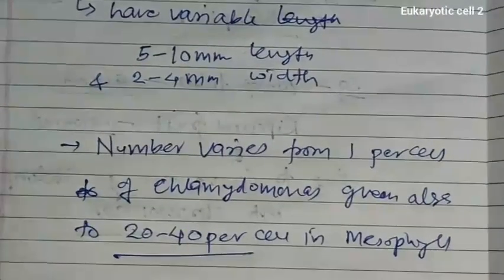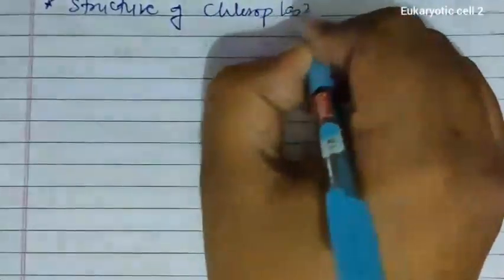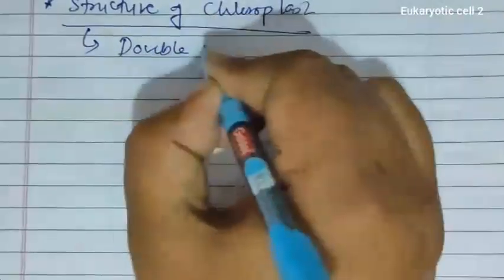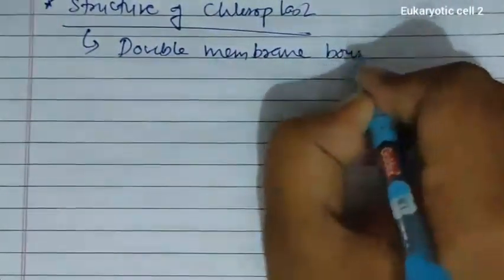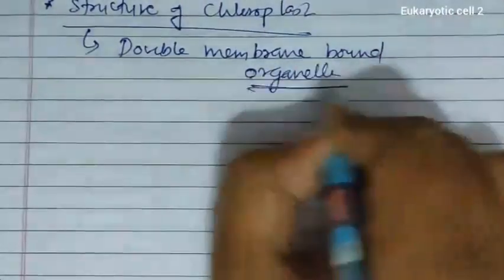Now we talk about the structure of chloroplast. These are double membrane bound organelles. So if we draw the structure of this double membrane bound organelle, it looks somewhat like this.